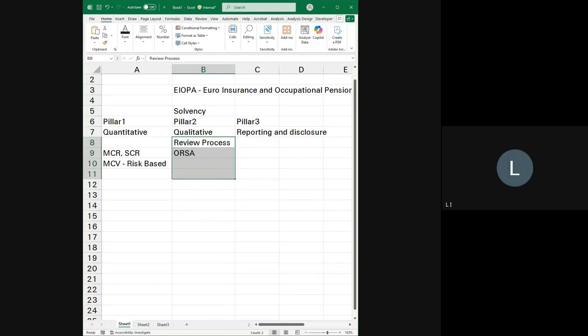Everything forms a part of those reports. So there's a defined set of reports that you need to submit to the regulator on a periodic basis, and that forms a part of pillar 3.